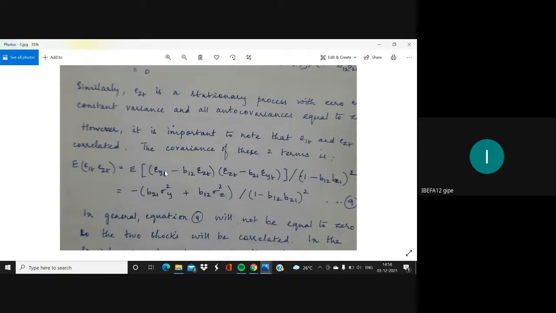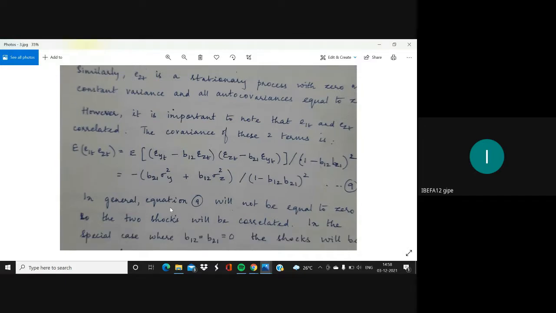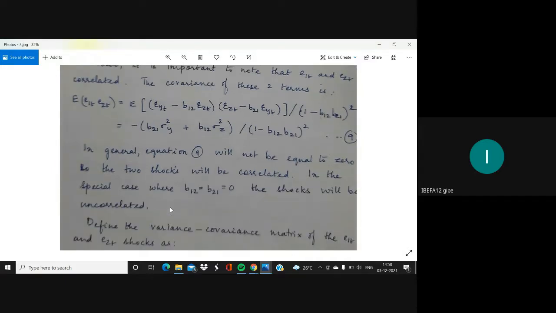Here we are simply writing out what is E1t and E2t. Since the means are 0, you'll simply be multiplying these out with each other. Now in general, okay, this equation will not be equal to 0 if you look at equation 9. So the two shocks will be correlated.